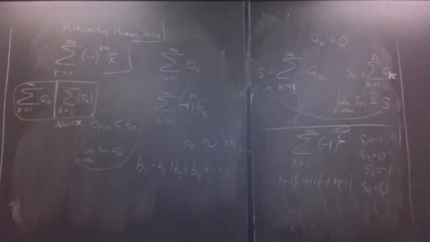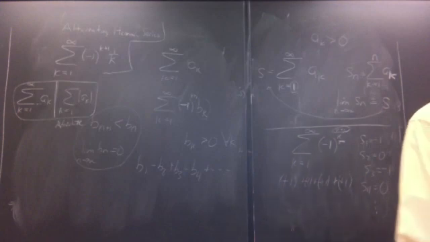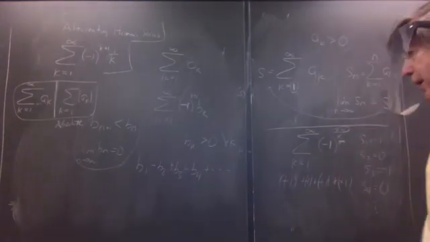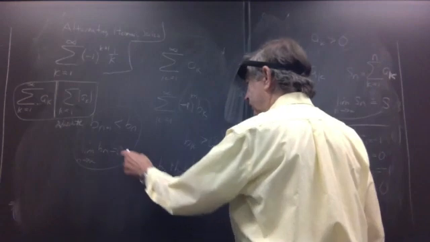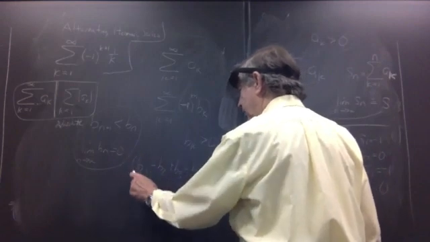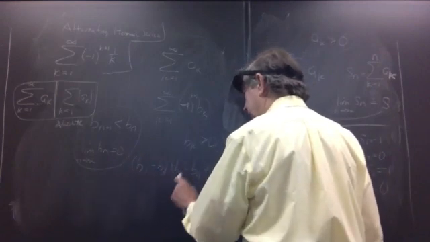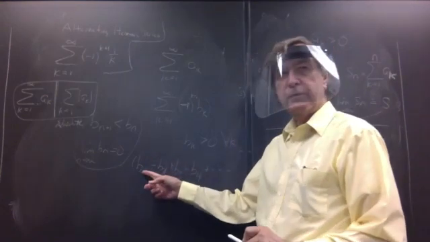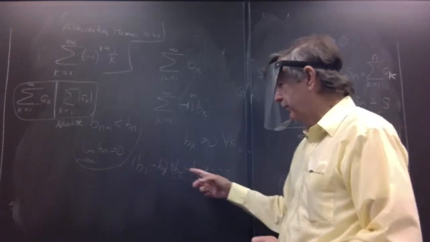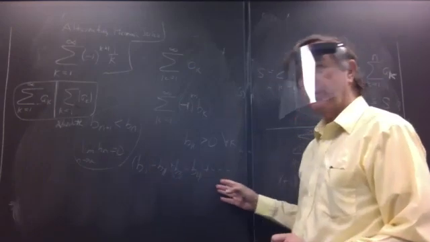Now, the book proves the alternating series test. Again, I'm going to skip that today, but we probably ought to talk about it. It's kind of interesting the way it has to do with grouping the terms. So let me just say one quick thing about that. You see, if this is going down and you put parentheses around things like this, if this is smaller than this, then a new series is all positive terms.